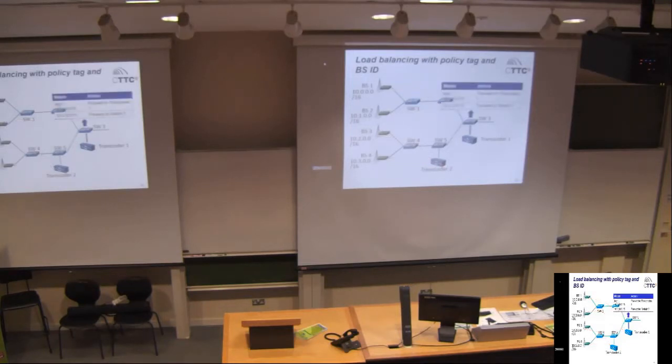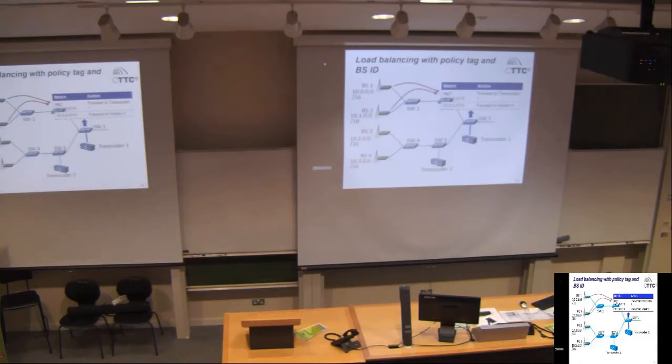What we do is put this set of rules in switch 3, where the first match is with tag 1 in switch 3. Tag 1 means transcoder 1. The IP address means base station 1 or base station 2 prefixes, aggregating the two, and it says go to transcoder 1, and then go back to here.